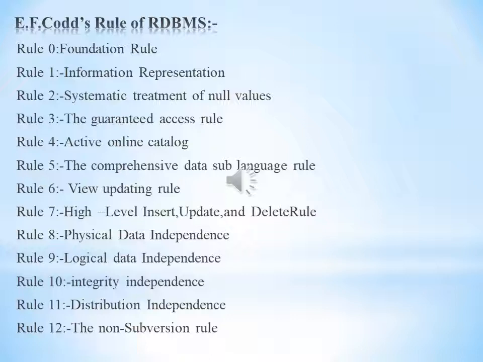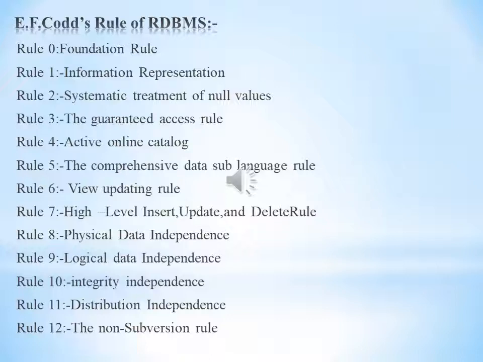And rule number 3, the guaranteed access rule. Each and every atomic value in a relational database is guaranteed to be logically accessible by resorting to a combination of table name, primary key value, and column name.